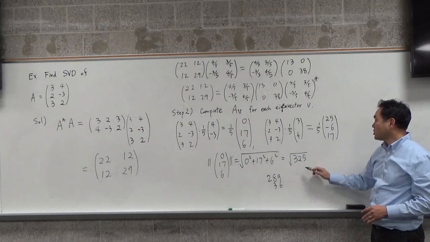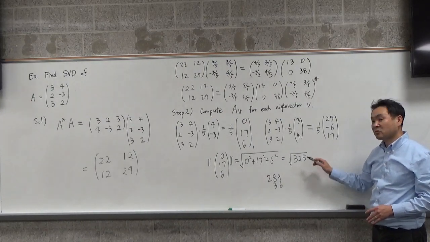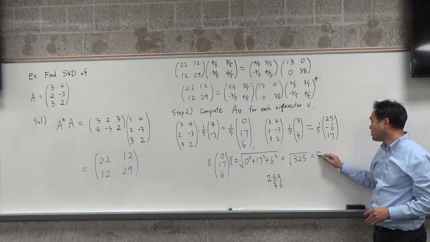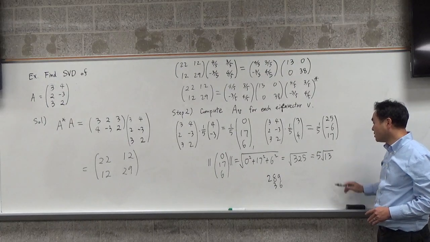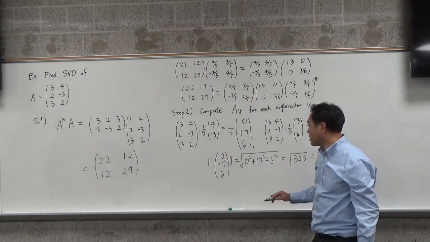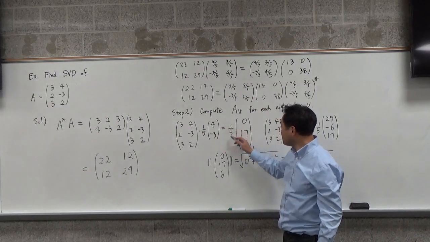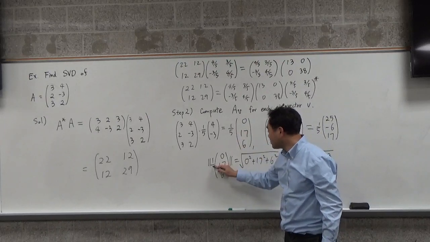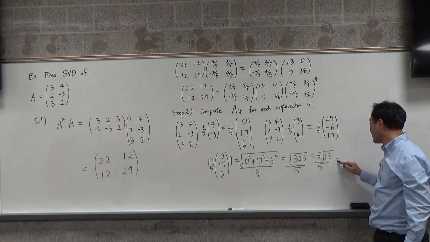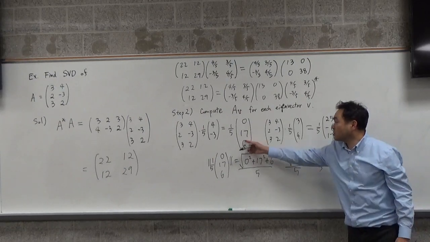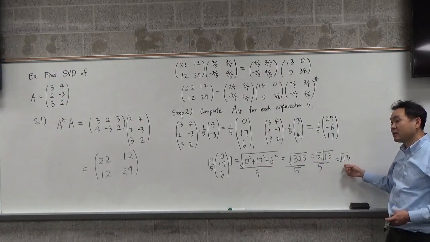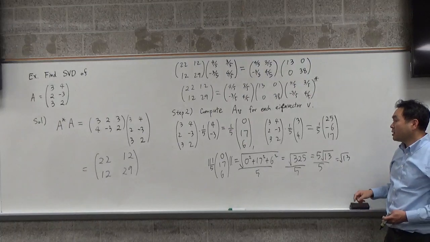And then, because this is 25 times 13, you can pull a 25 outside the square root as 5. So this becomes 5 times square root of 13. And what that means is that if you use this 1/5 in front, that just introduces 5 in here, so that this vector with the 1/5 in front will have square root of 13 as its size. Okay.